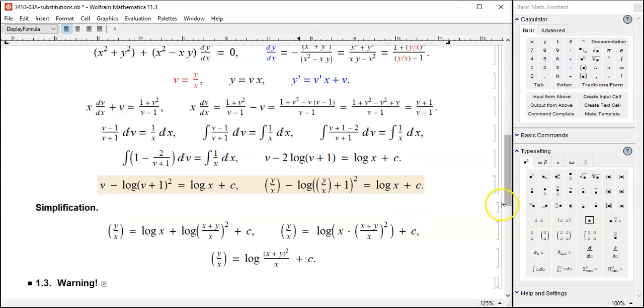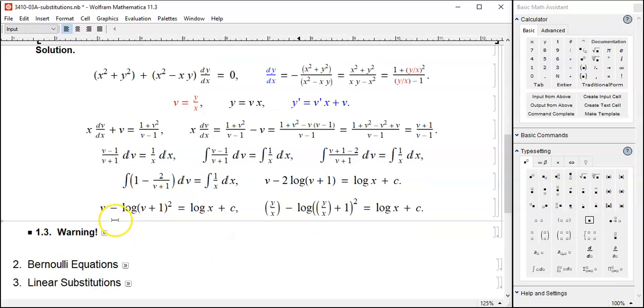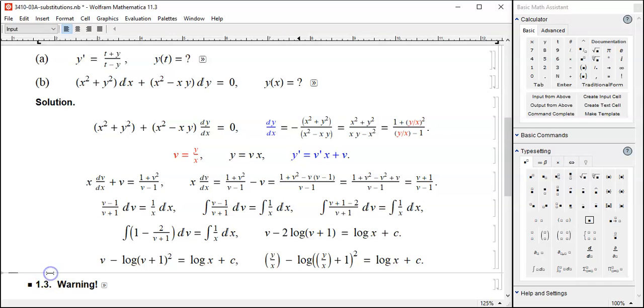Okay, so let's just remove all those and let's just go ahead with checking. All right.